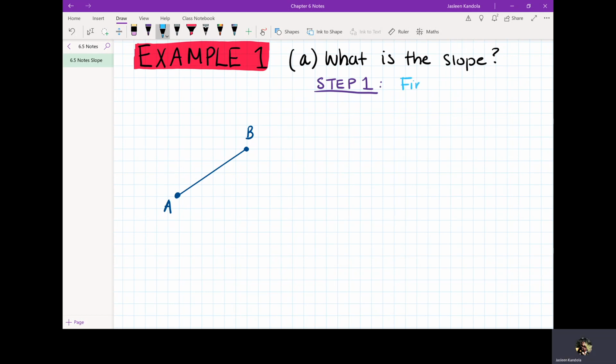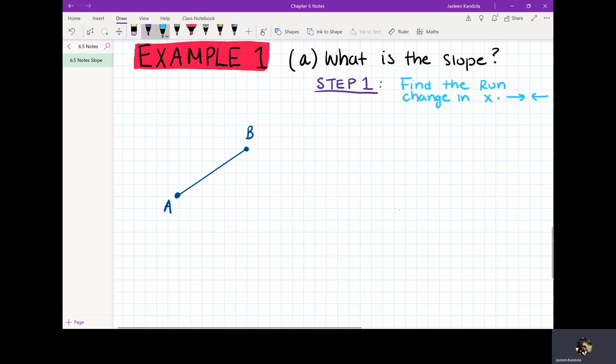Find the run, or you can start with rise, it's your choice, but I'm starting with run. Remember, find the run, that means change in x. So when we look at x, we're either moving left or moving right.